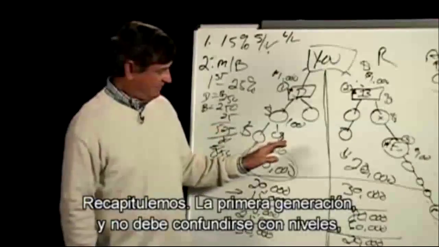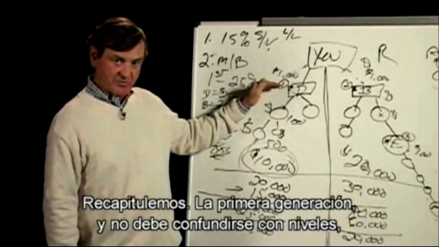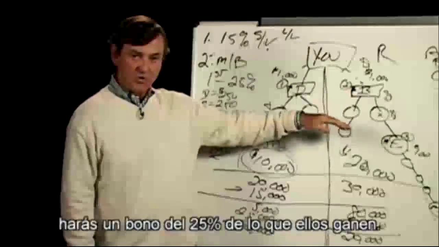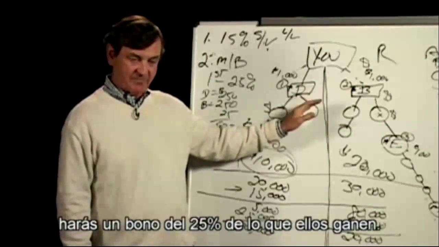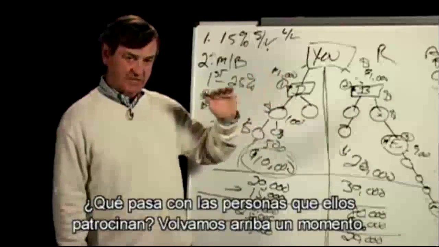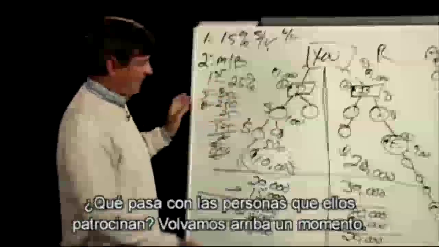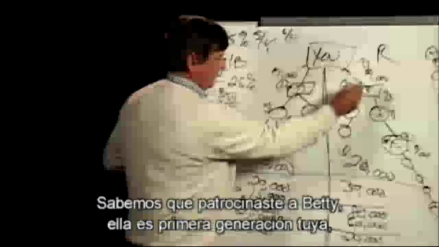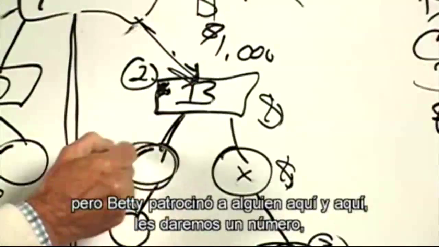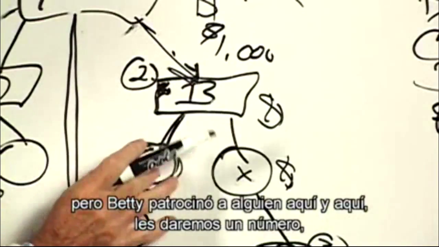So to recap, first generation, don't confuse with levels. Wherever they go, they're like your children. You make a 25% bonus on everything they earn. Now, what about the folks that they sponsored? Well, let's go back up here. We know that you sponsored Betty. She's first generation, but Betty sponsored here and here. We'll give them a number.